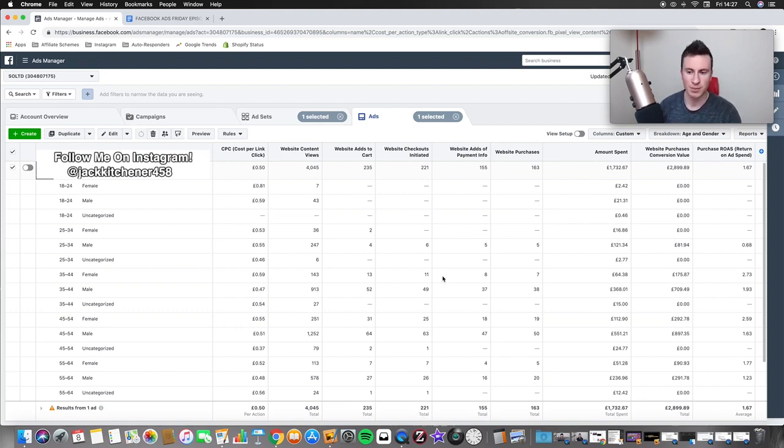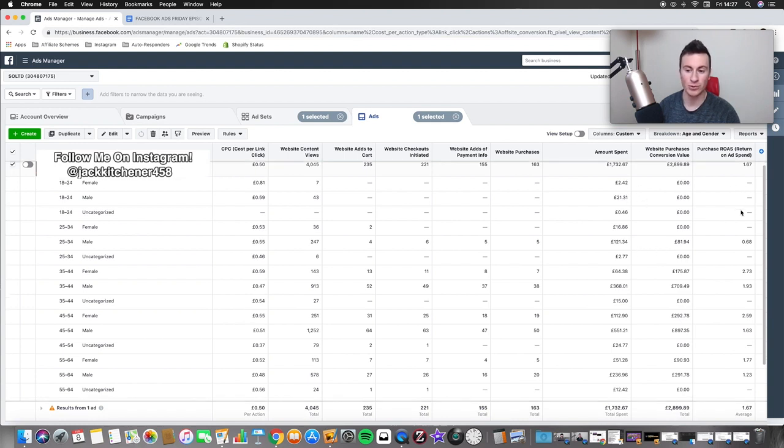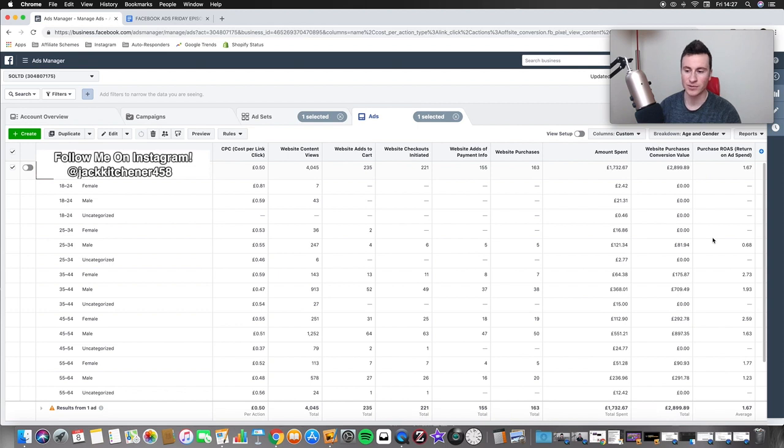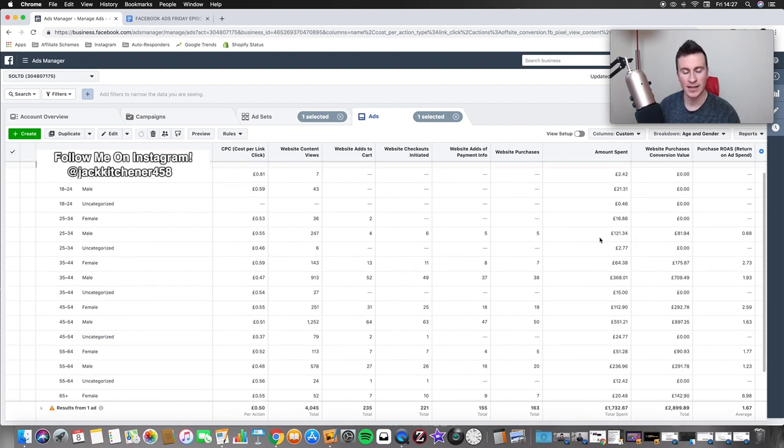So for example, with this ad, what I'm looking at here is my ROAS, and we know for this ad account that about 1.4 is profitable. We can see straight away that all the ones with a dash and no number at all are not profitable. So what I could do in this case is duplicate this ad set and target only the ages and genders of people that are producing good results.